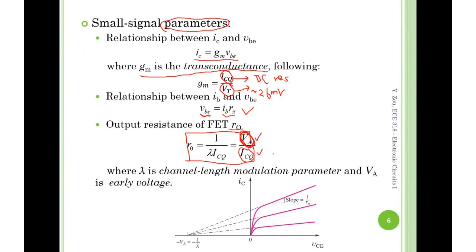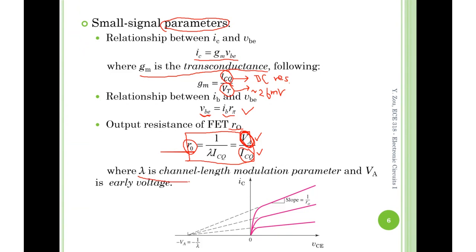If it is infinity, obviously the R naught is the infinity too. Therefore, it's open circuit. We call it the easiest case, right? But is it infinity or a big constant? It's up to the problem. Of course. By the way, VA equals to 1 over lambda.